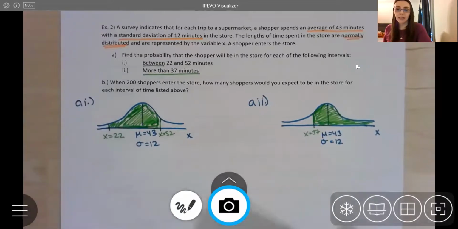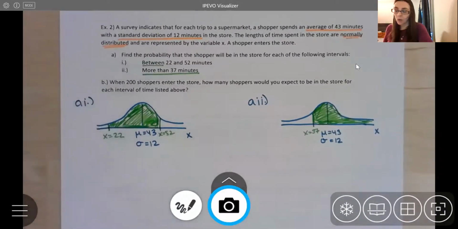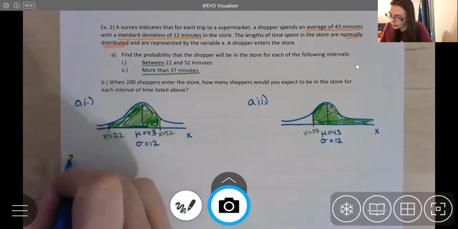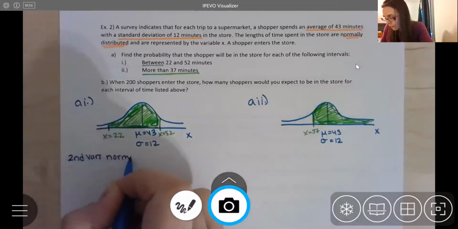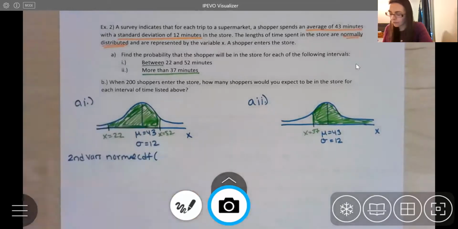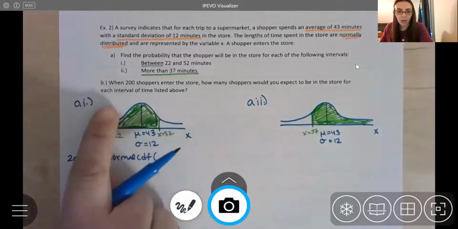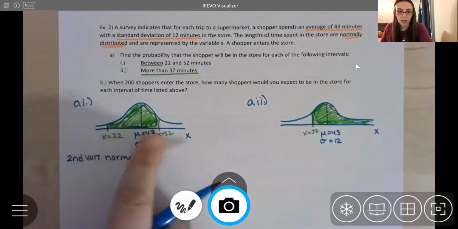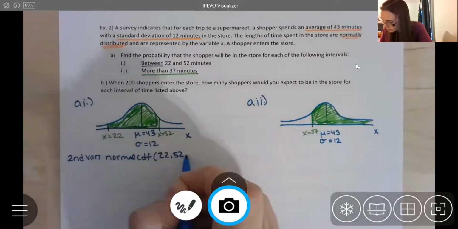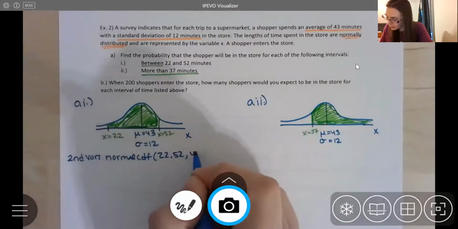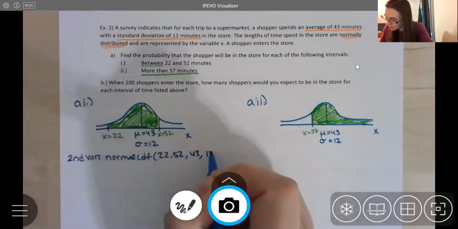Now, if you're using technology, again, these are pretty quick. So for technology, we're going to hit that second VARS key, normal CDF. Now, looking at the shading, our lower shaded limit is 22 and our upper limit is 52. Our mean is 43 and our standard deviation is 12.